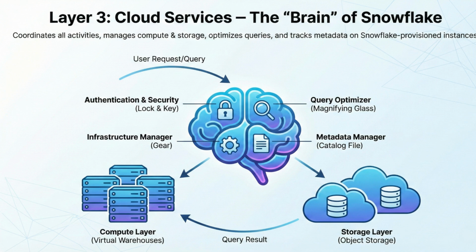In simple terms, the cloud services layer acts as a central controller, handling security, optimization, metadata, and coordination between compute and storage. With this, we have completed the Snowflake architecture, including the storage layer, compute layer, and cloud services layer, and how they work together using Snowflake's unique three-layer design.